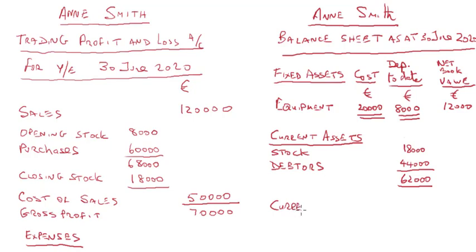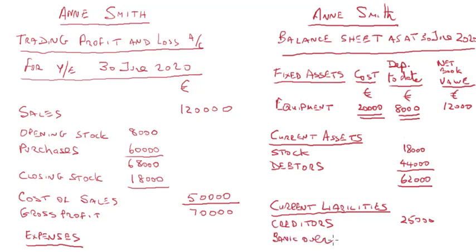Current liabilities. These are the short-term debts of the business. And we have creditors that have to be paid shortly. These are the suppliers, and they are 25,000. And the other one is the bank overdraft, which has to be paid shortly because one of the rules of bank overdrafts is you have to get it into credit for 30 days in the year at least.